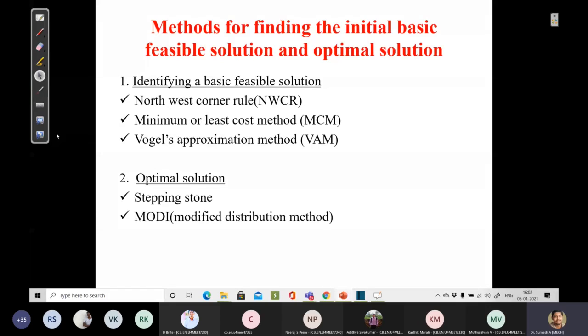Now we will see how to find the initial basic solution using Vogel's approximation method. We solve the same problem, the same one we saw in the morning.